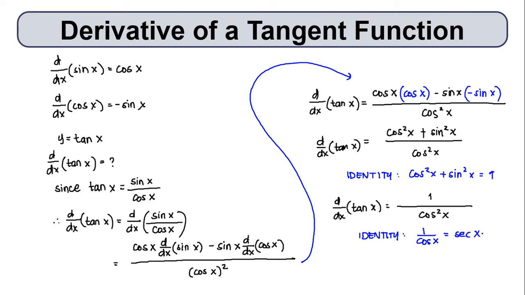Okay? So, papalitan pala natin ito. Therefore, yung dalawang cosine, pag dalawa na siya, dahil squared to, so dalawang secant din. Therefore, yung ating derivative with respect to x ng tangent function equal yan sa secant squared of x. Okay? So marami na tayong dapat tandaan pala.